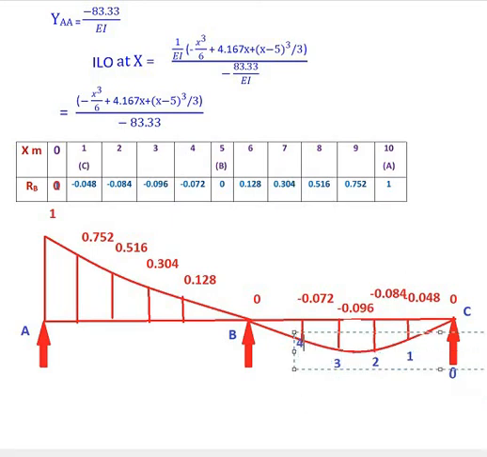Similarly we have to substitute those values, which means the distance of x meters from the starting point C. After that we can include the values of the influence line ordinate for reaction at B.